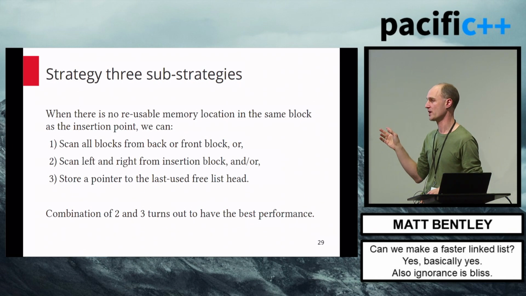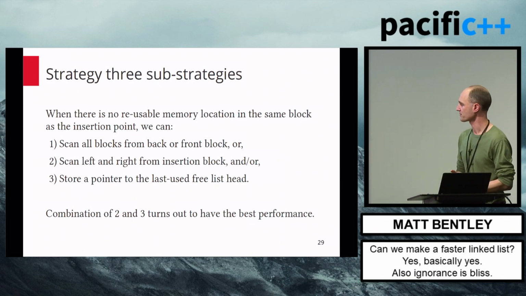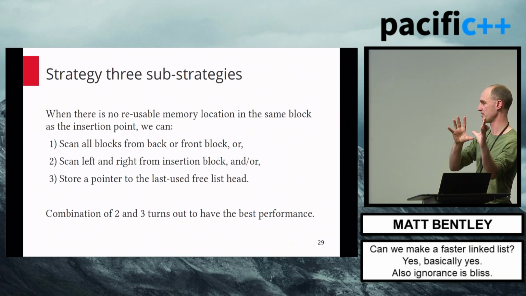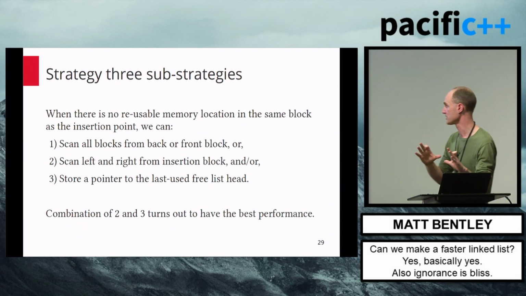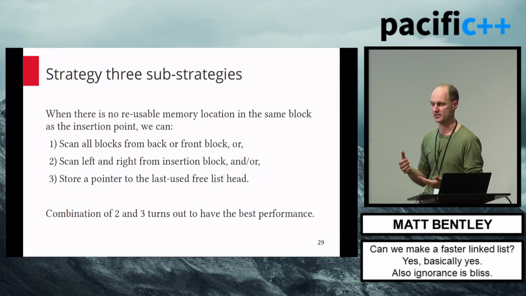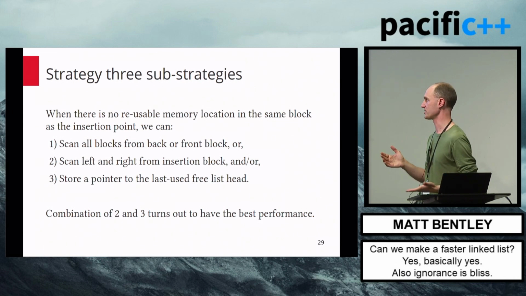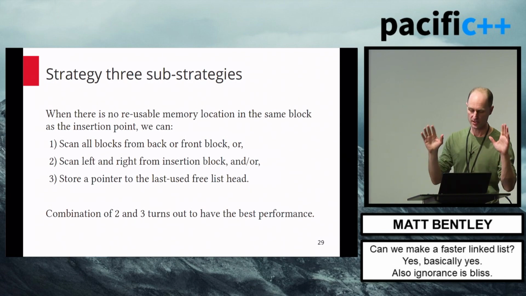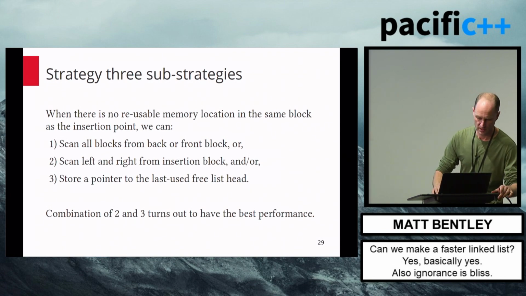Turns out that the latter one is faster, partially because we end up getting to places that are closer in the iterative sequence faster. And there's a bunch of other hacks that we can do for that, like storing a pointer to the last used free list head that actually wasn't null and this sort of thing, but I won't go into that.